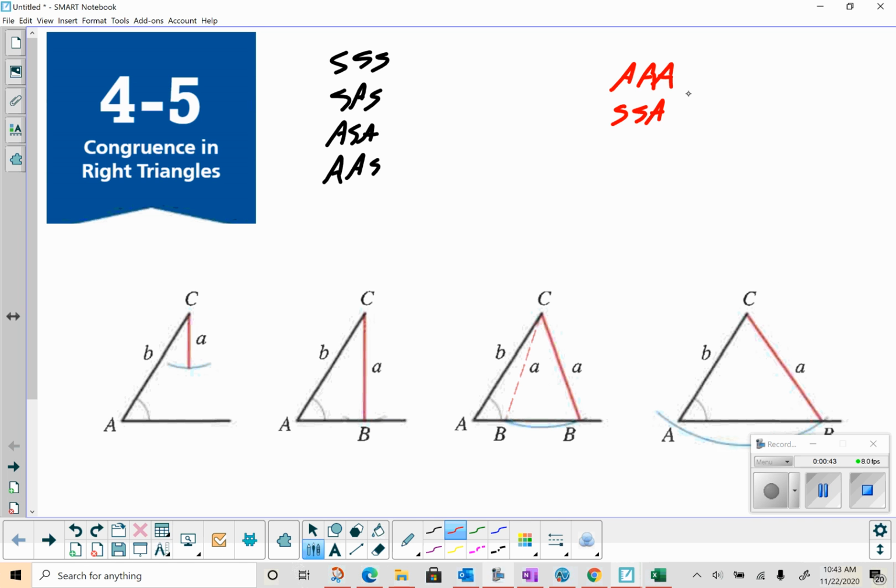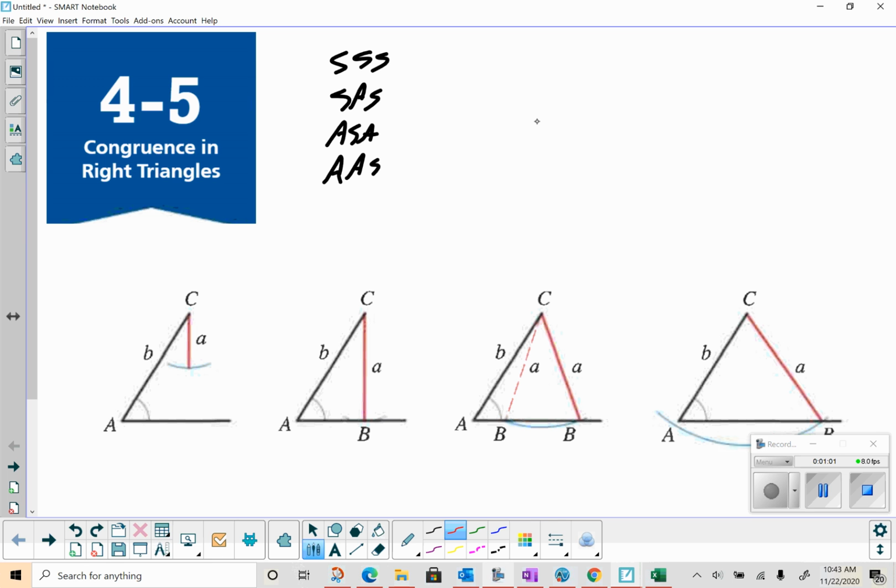Now, the drawing that you see at the bottom here is really an illustration of why there is no angle-side-side triangle congruence theorem. Too many things can happen, okay?